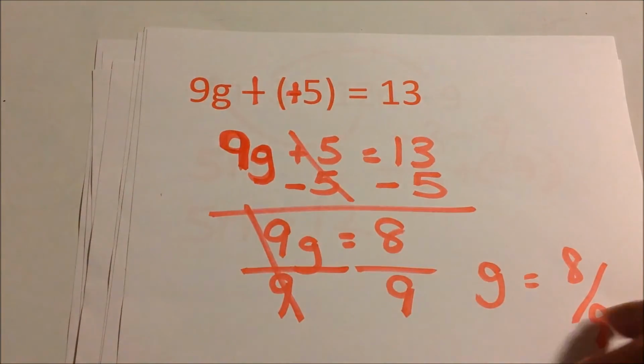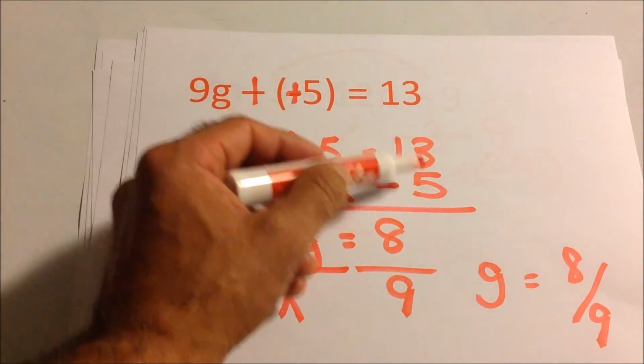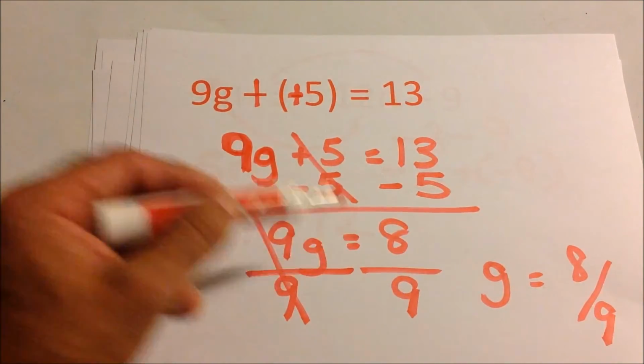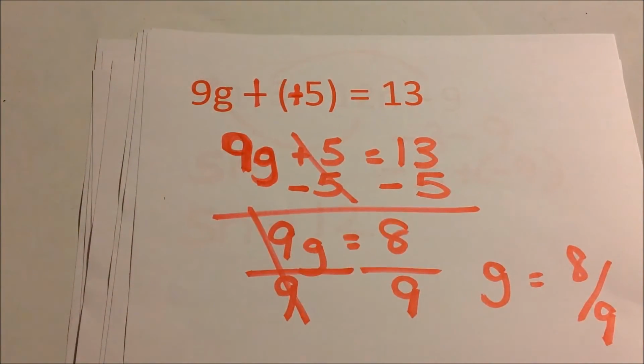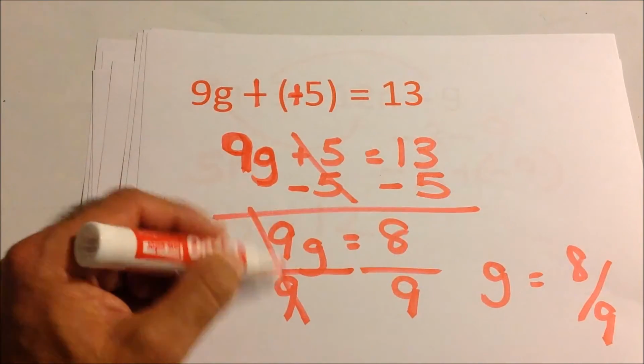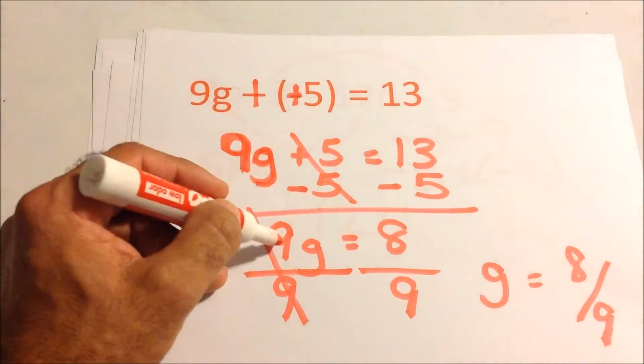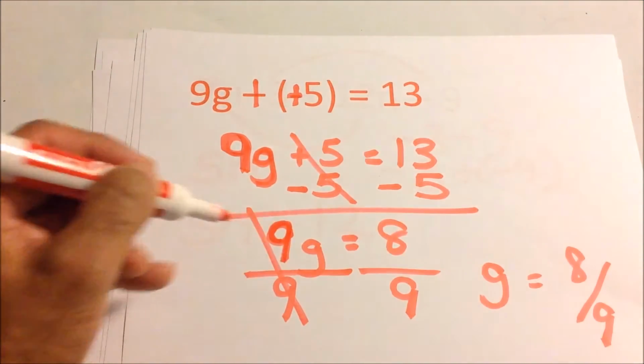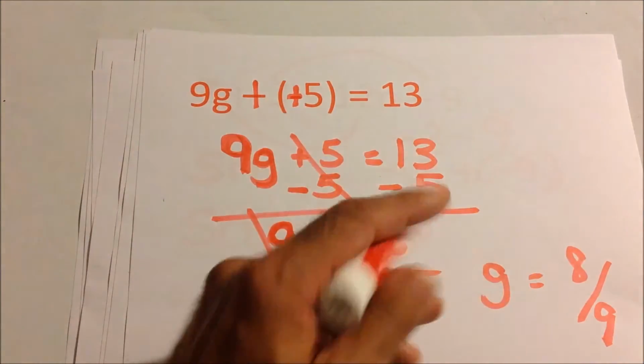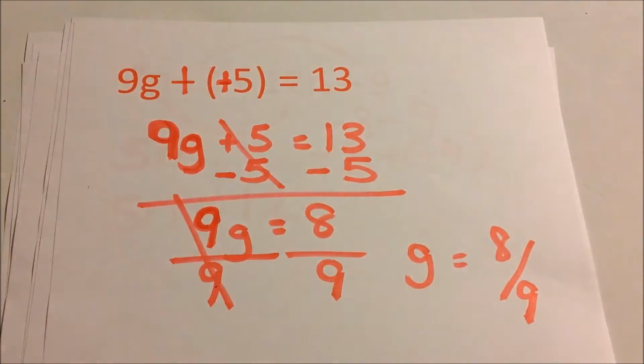So get rid of any minus or plus first. You do the opposite operation, so we minus the 5 on both sides. Now we have 9g equals 8. The g is not alone yet, so we have to divide out the 9 because this is multiplication. Anytime you have a number next to a letter, it's multiplication. So now you divide out the 9, and there's your answer. g equals 8/9. You can turn that into a decimal if you want.